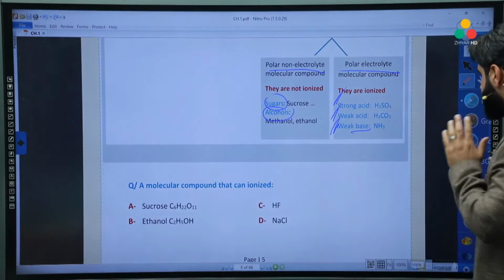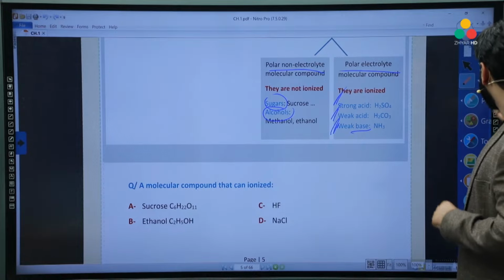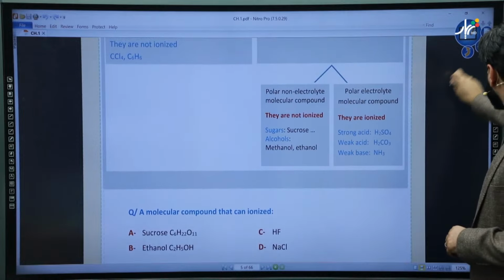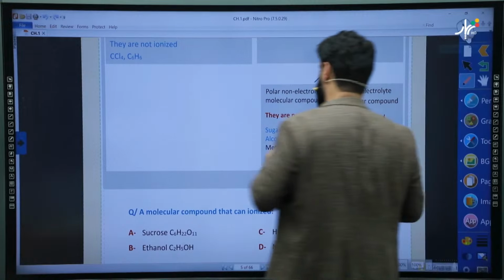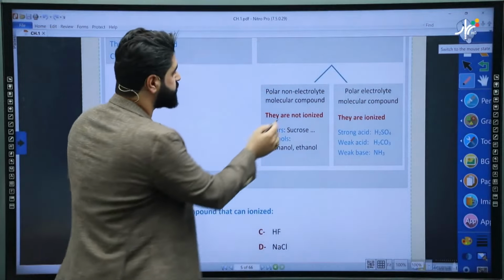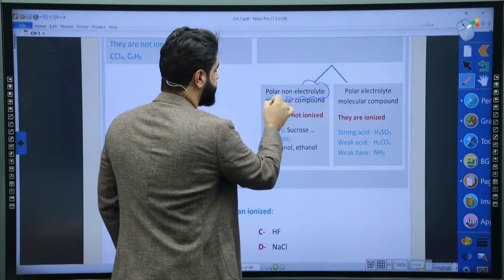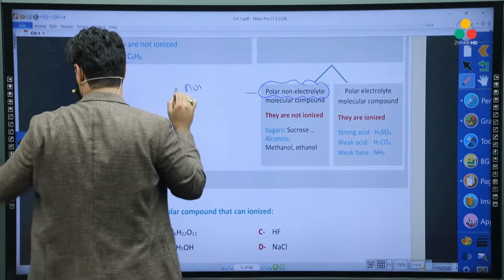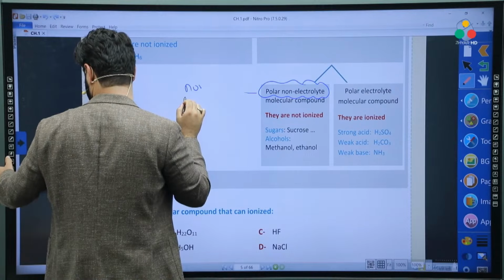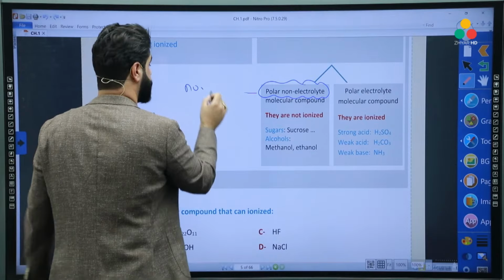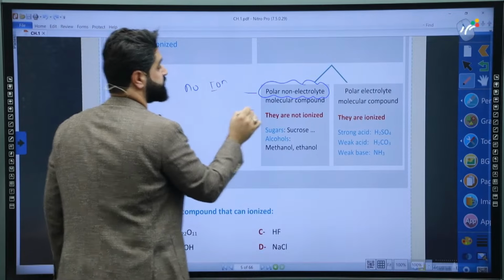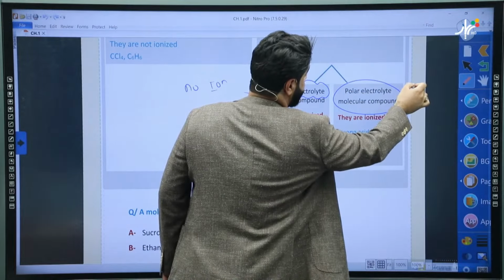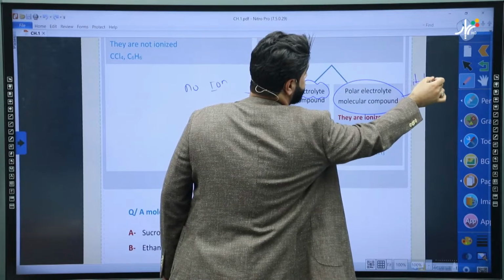The most important point, here we go again. If you remember, for polar non-electrolytes, I said no ions. But here, yes, there will be ions.